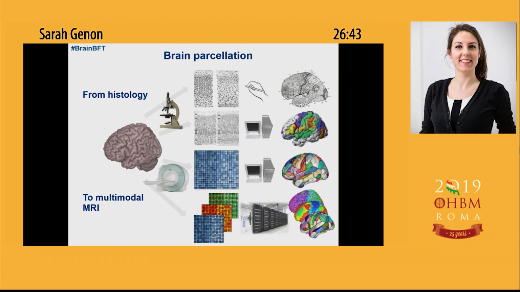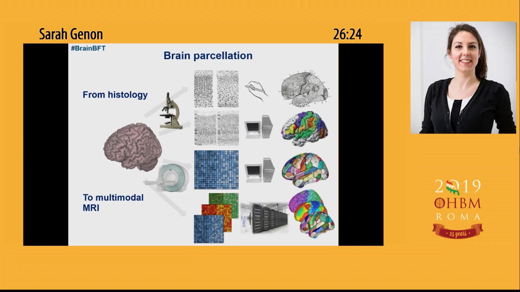We can use those techniques either for trying to understand the organization of the brain, or from an application perspective, if we want to find an appropriate representation of the brain data.